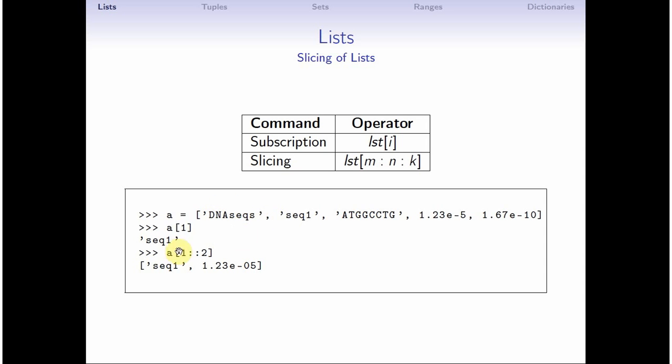Then 1, empty means to the end, then jump for every 2. Start at 1, then jump by 2 over here to the end. Next one, cannot jump anymore, that's why it stopped.